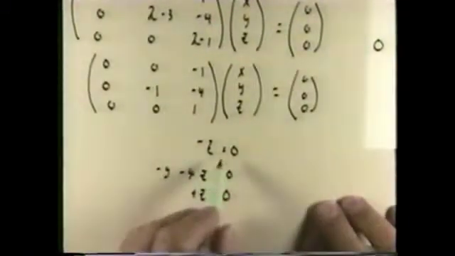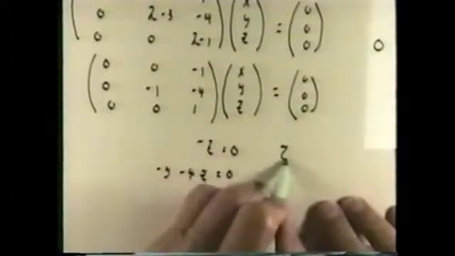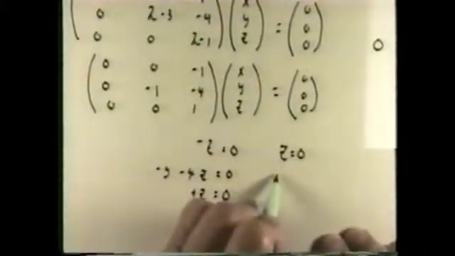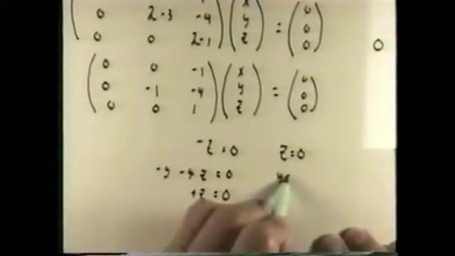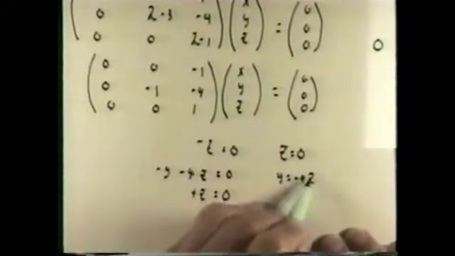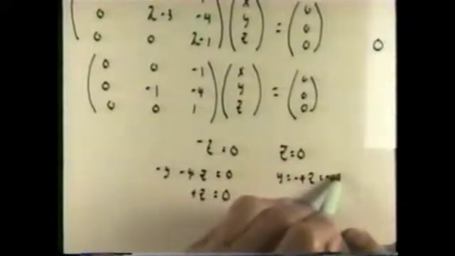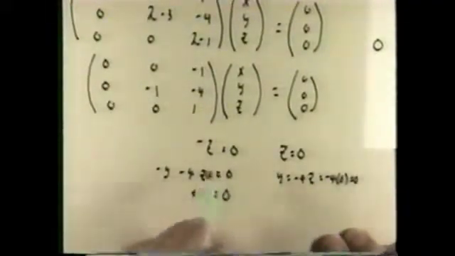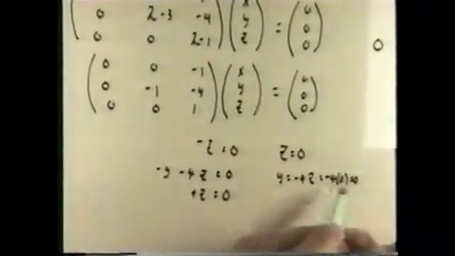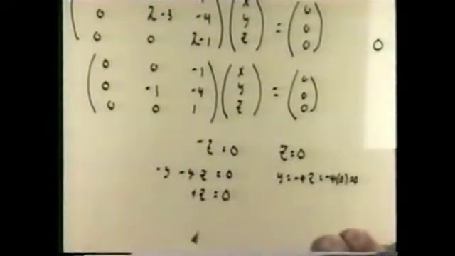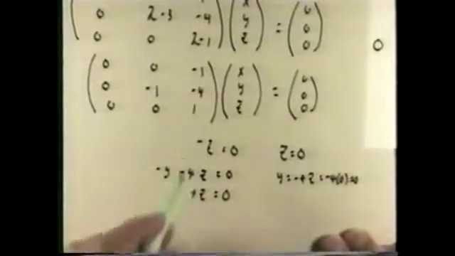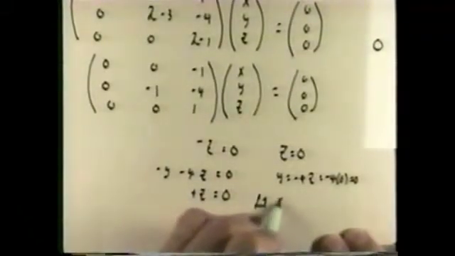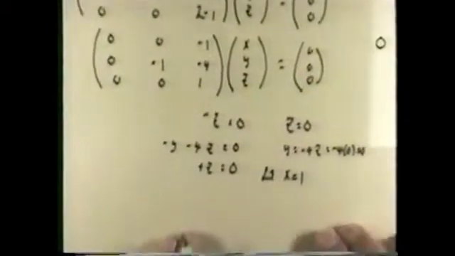Now we can see from these two that z must be 0. From this one, I can see that y is equal to negative 4z, which is negative 4 times 0, which must be 0. So z must be 0, y must be 0, but x can be anything because there's no x's involved. So I'll just let x be 1.